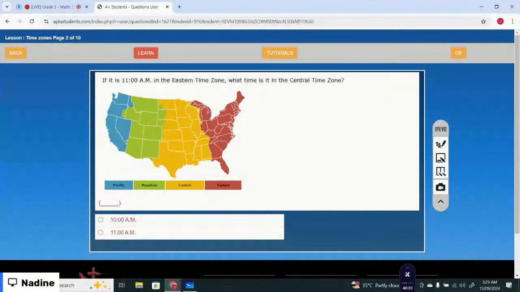Okay, if it's 11 a.m. Eastern time zone, what time is it in the central time zone? So which is the correct option?